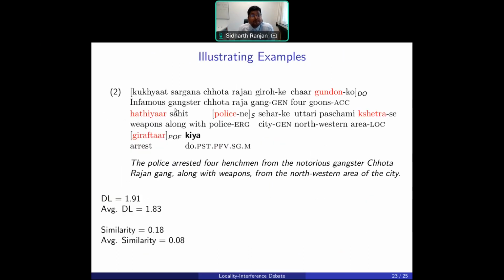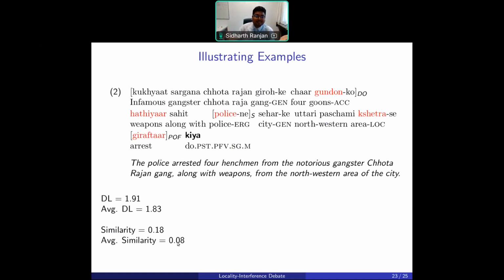So here's an illustrating example, and this example is from non-canonical word order. The direct object is fronted, and since this is a rare construction, this sentence will be more difficult to process and comprehend, and that is also represented in terms of dependency length. This sentence has a greater dependency length as opposed to the average dependency length in the corpus. And this particular sentence also has a greater semantic similarity as compared to, on average, the sentences in the corpus.